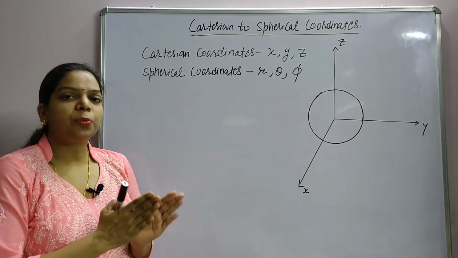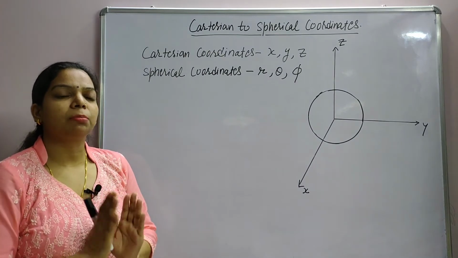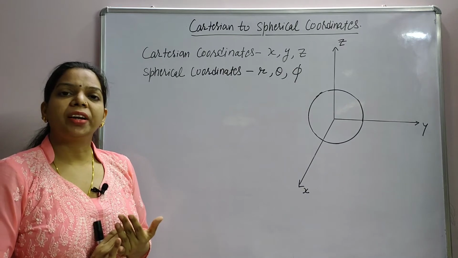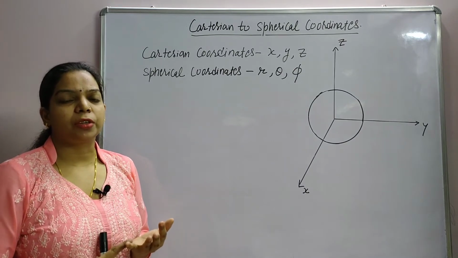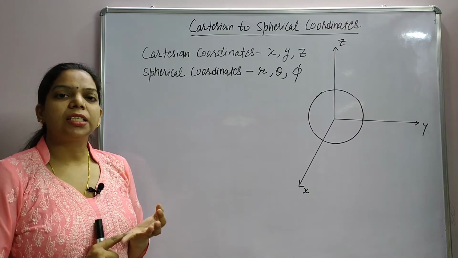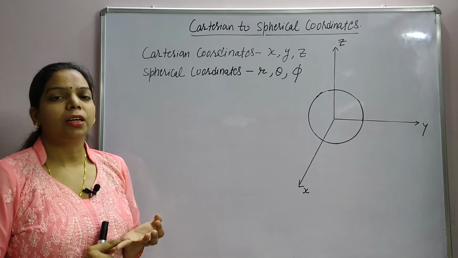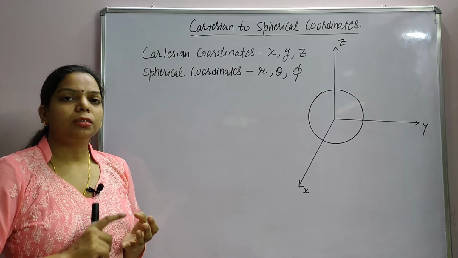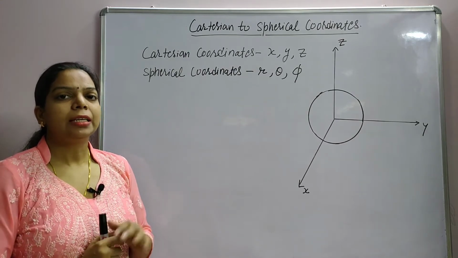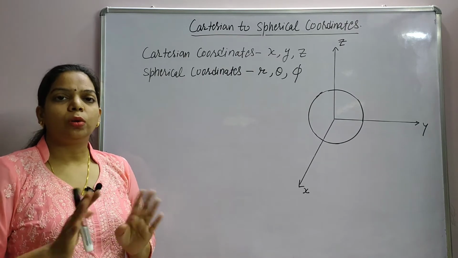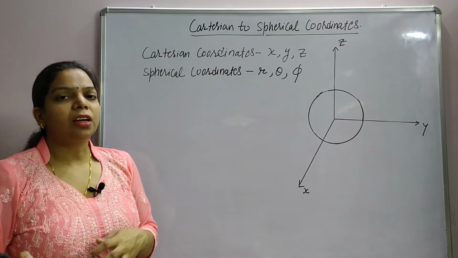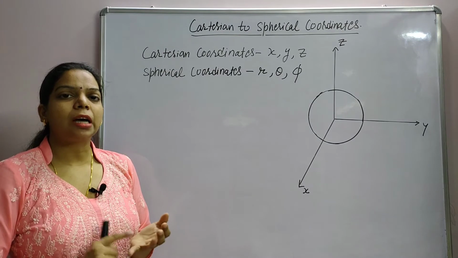Now there is a difference between spherical and polar coordinates. Sometimes we use the word polar coordinates. In polar coordinates, we have only a two-dimensional surface in which r is considered, which is the distance of the particle from the origin, and second is theta, which is the angle that the position vector makes with the z-axis. Only two variables are there, r and theta. And in spherical coordinates, we have three variables, r, theta and phi.